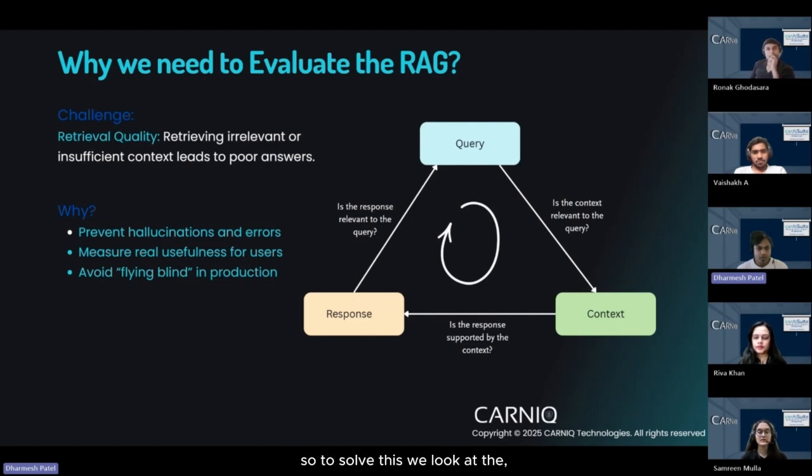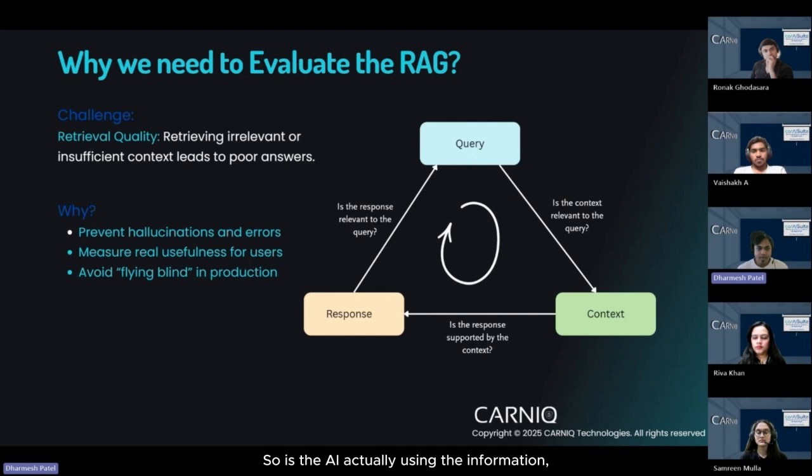To solve this, we look at what I call the triangle of truth, where we ask three critical questions to ensure that the RAG system we build is working correctly. The first question: is the context relevant to the query or not? Did the librarian actually find the right information for my question? The second question: is the response supported by the context?